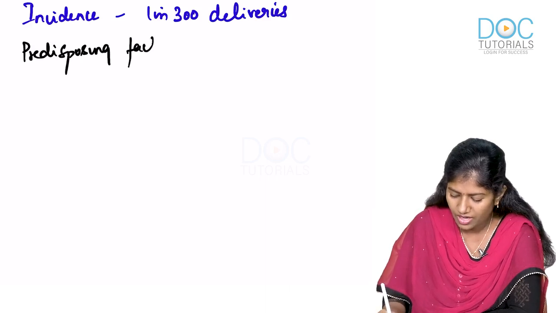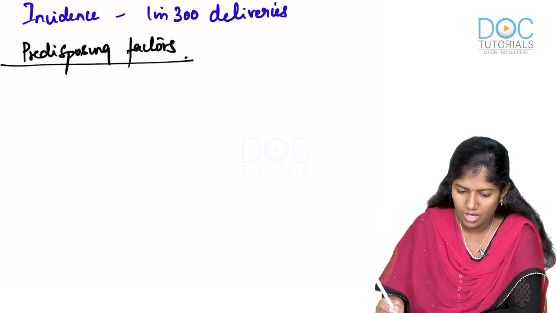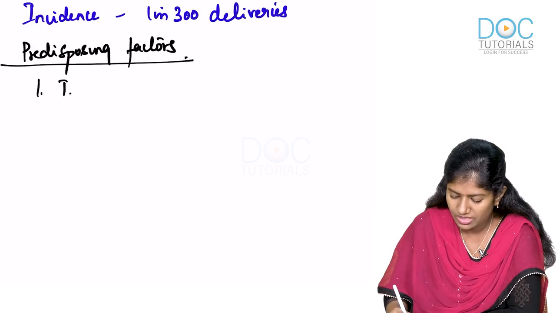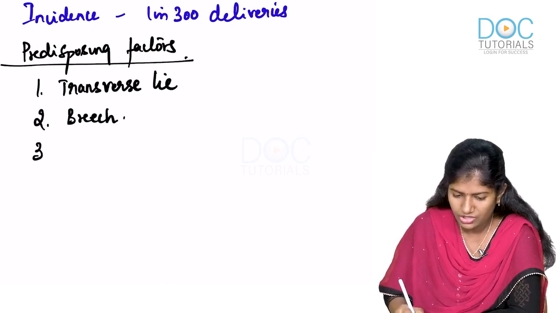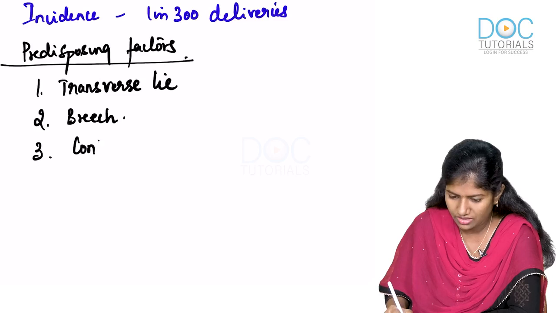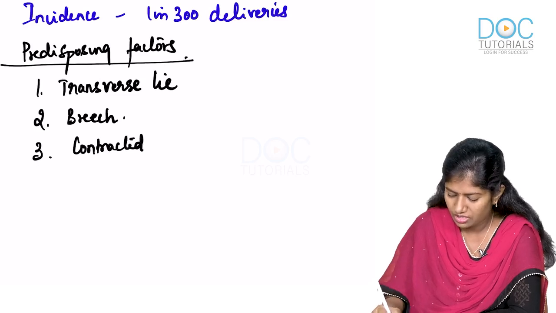The predisposing factors are malpresentation, number 1, especially transverse lie. The second is breech presentation. The third is contracted pelvis.